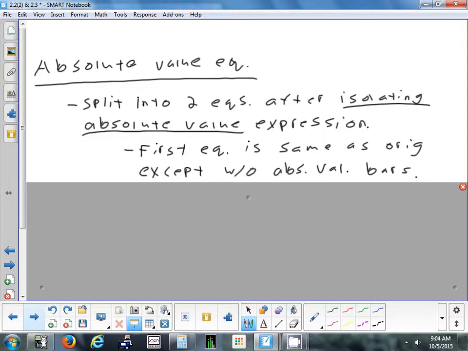The first equation is the same as the original problem, except all you do is take away the absolute value bars. You just take them out.